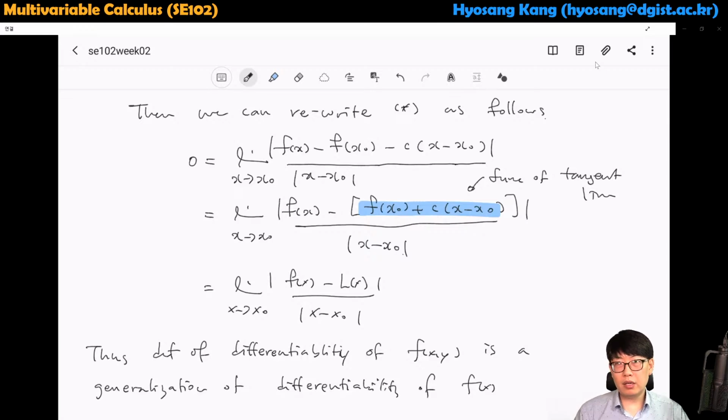We are only talking about a very special type of function, which is z equals f of x, y, but there are infinitely many types of functions, right? So you can generalize the differentiability of two variable function even further to define differentiability of general multivariable function.